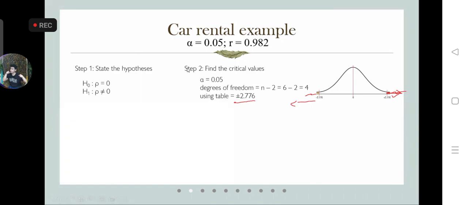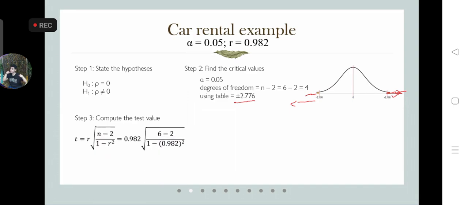So the next step, we will then compute the test value. Computing for the test value, we will again use the formula for T. T is equal to R times the square root of n minus 2 over 1 minus R squared.